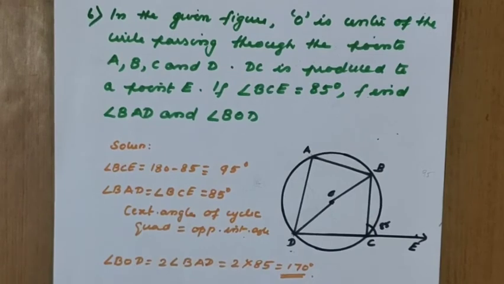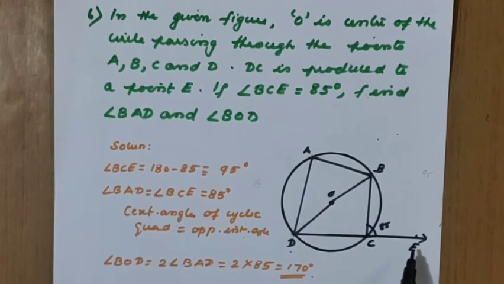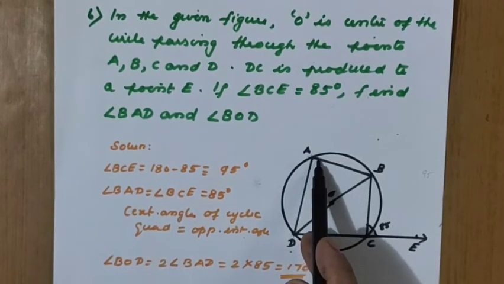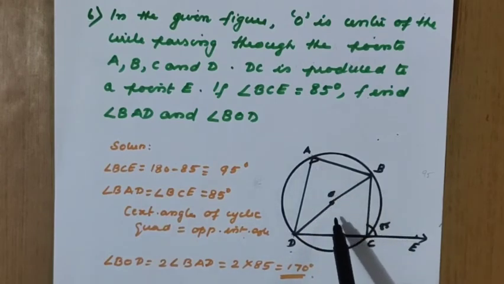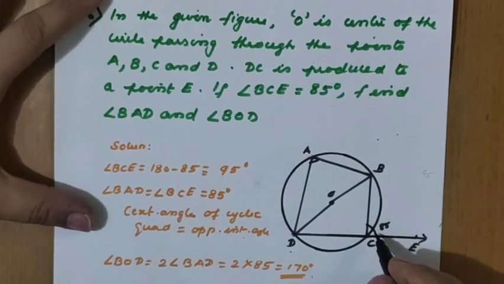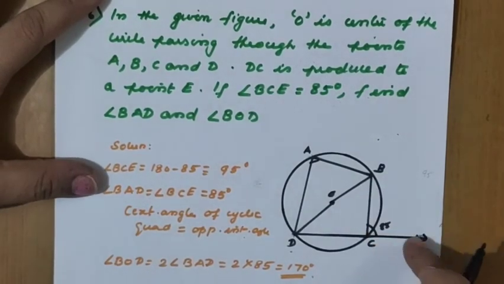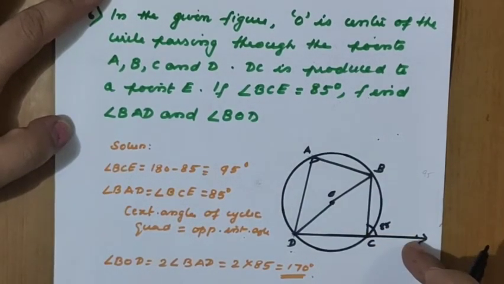In the given figure, O is the center of the circle passing through the points A, B, C, D. DC is produced to a point E. If angle BCE equals 85 degree, find the angle BAD, and then we have to find the angle BOD also. Here it is 85 degree, and it is an exterior angle only.